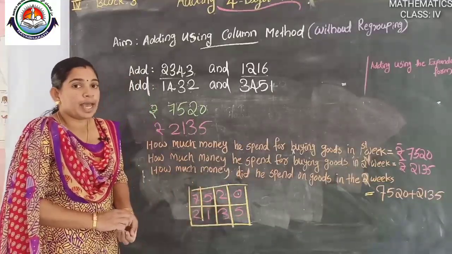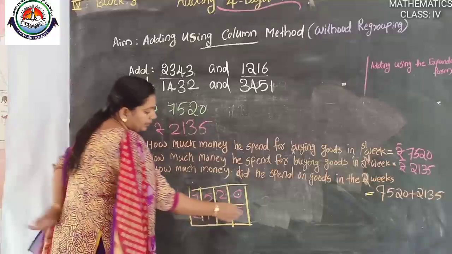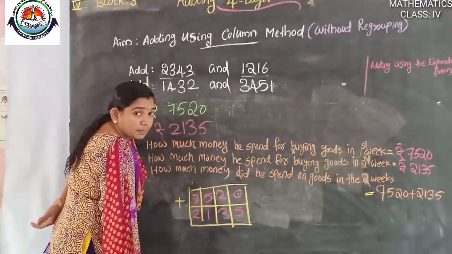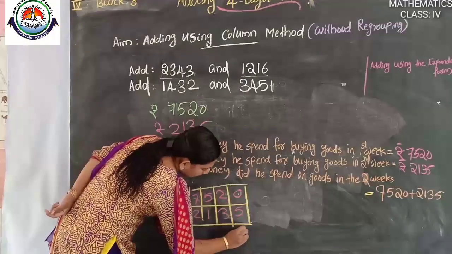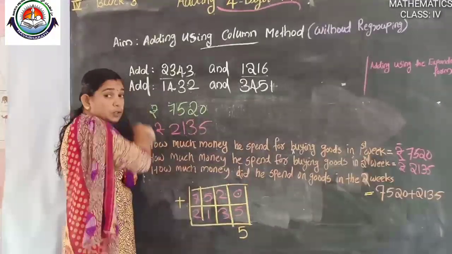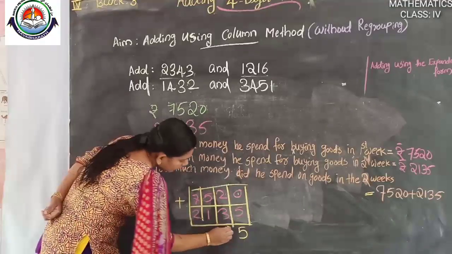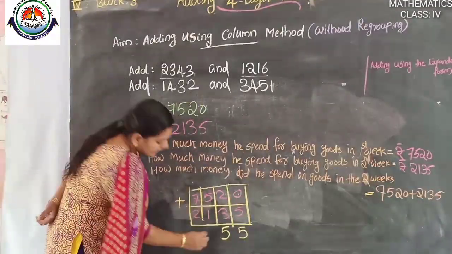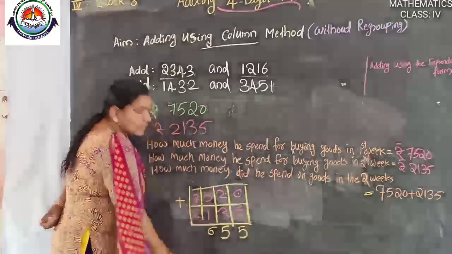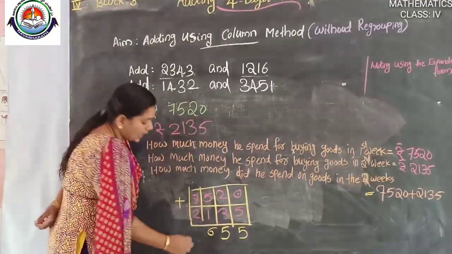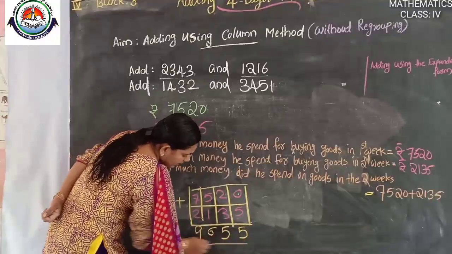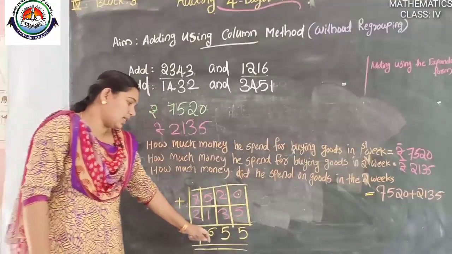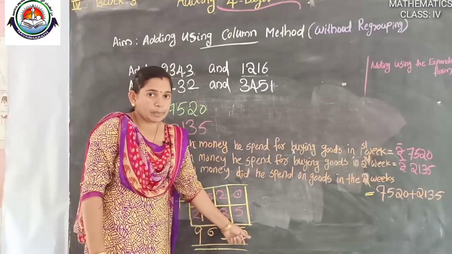And what we do? Adding the digits. 0 plus 5. What is the value of 0 plus 5? 5. Then 2 plus 3. 5. 5 plus 1. 6. 7 plus 2. What is the value of 7 plus 2? 9. Then what is the amount? 9,655.